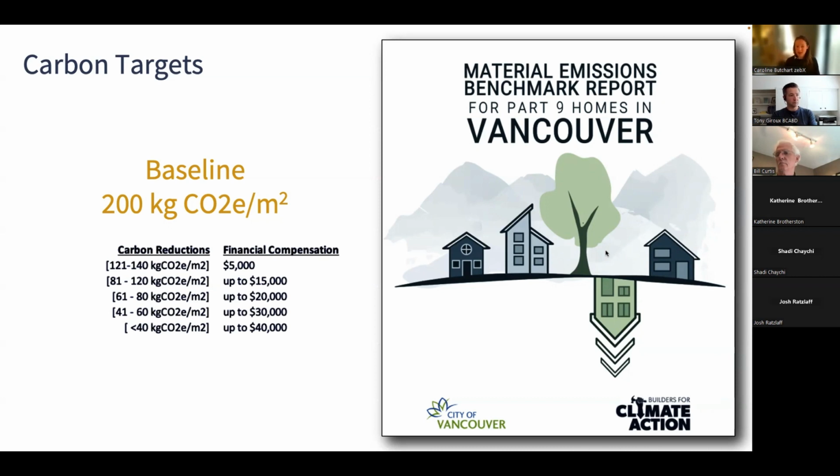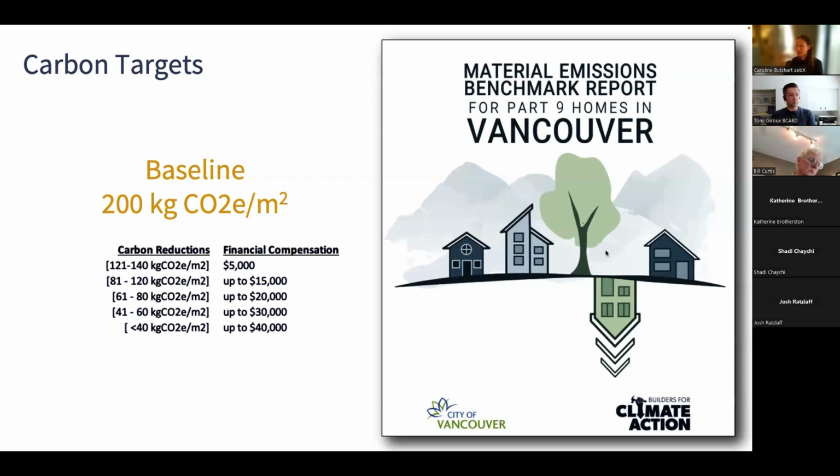So what we have said here is if you're able to reduce the embodied carbon of your home to less than 40 kilograms of CO2 equivalent per meter squared, we'll give you that maximum incentive of $40,000. And we've got a couple down at 20, so we know this is possible. We also know that the average in Vancouver is 200.